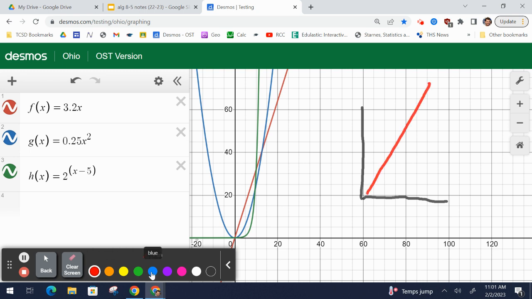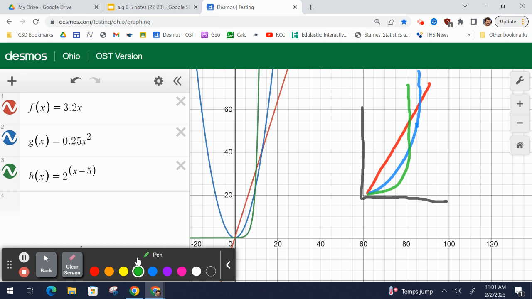I would like the blue one to go like that, and I want the green one to go something like that if you could. So do your best there.